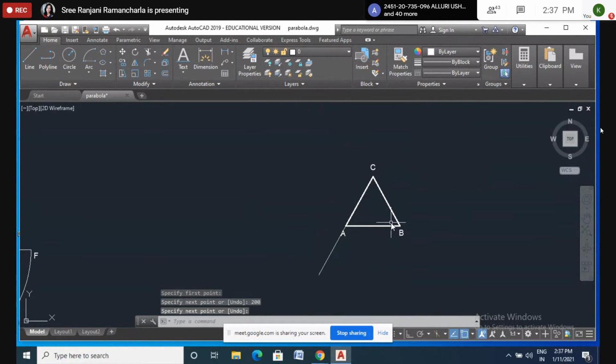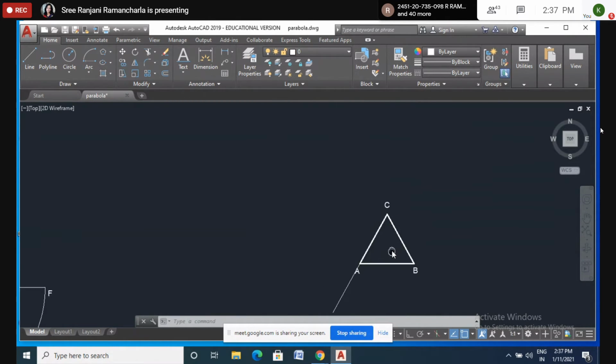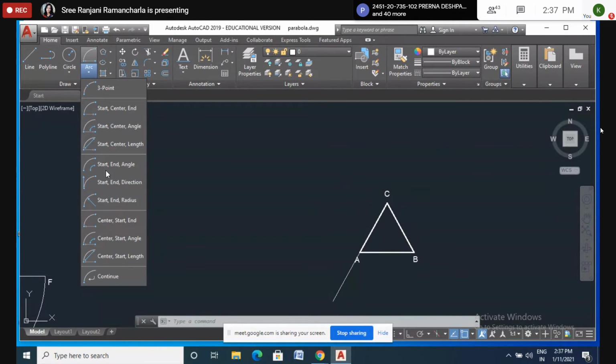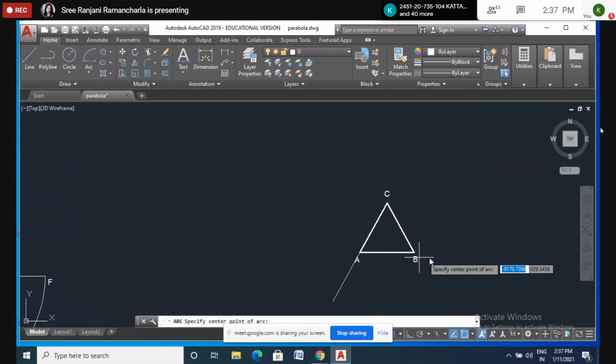Now similarly we extended this line. After this line, I want to extend this line also. How much do we have to extend? Leave it like that only. We will take A as a center, AB as a radius, and draw this curve. So I will go center, start, end.